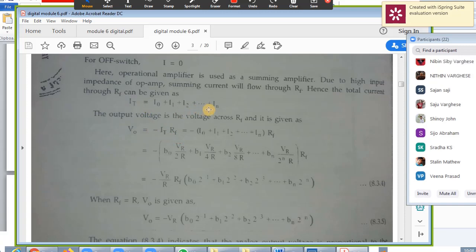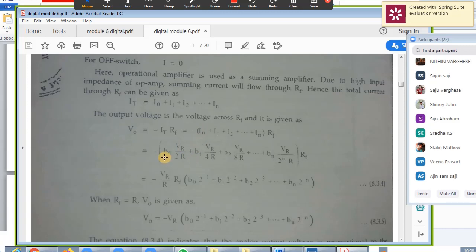So we know already what the IT value is. IT value is I0 plus I1 plus I2 plus up to In, times RF. I already told about I0: if B0 is 1, the I0 value is VR divided by 2R. So we multiply it with B0. I0 value we can write as B0 into VR divided by 2R.